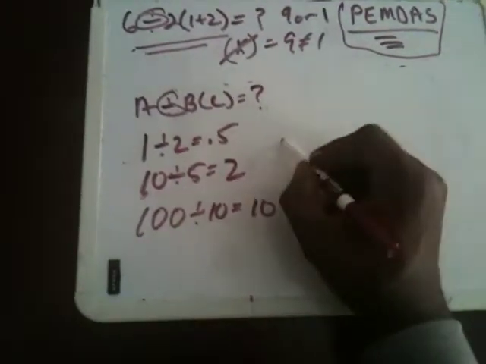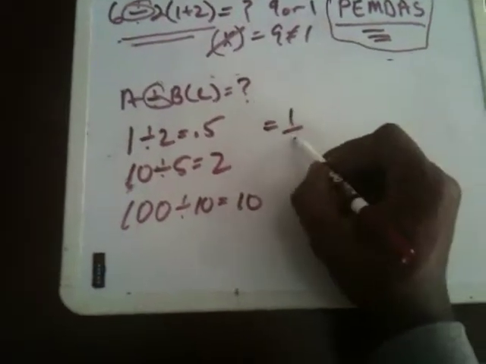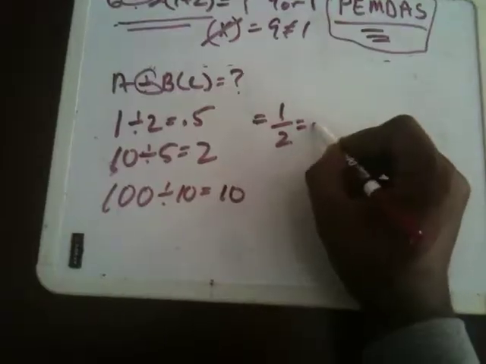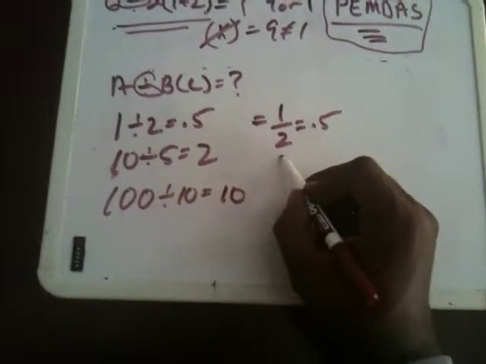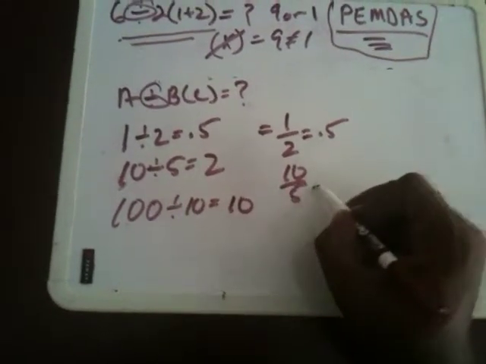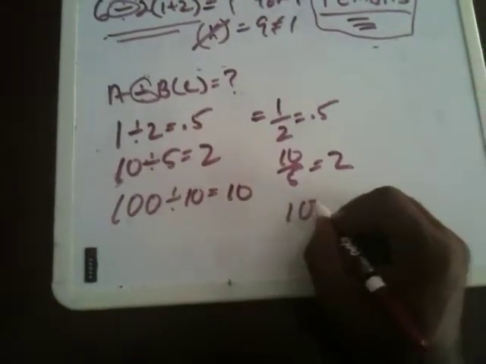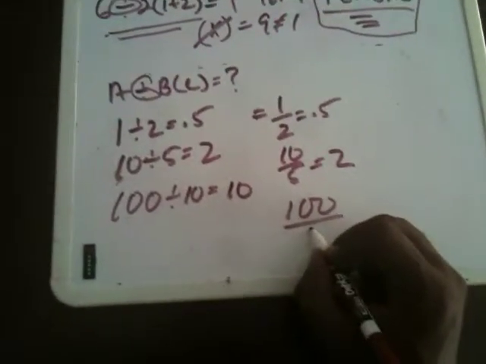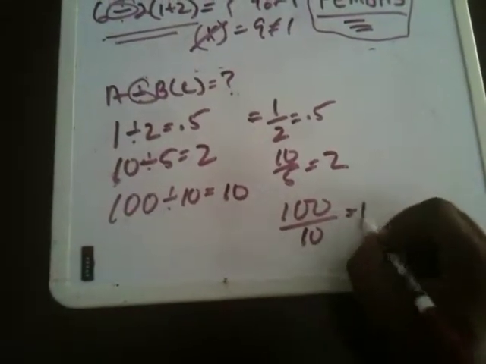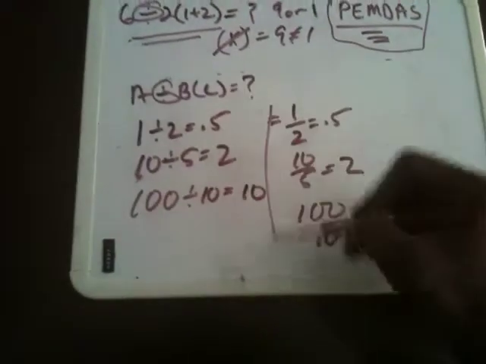How are we getting that? It's the same as saying 1 over 2 is equal to 0.5, 10 over 5 is equal to 2, 100 over 10 is equal to 10. So it's the same method.